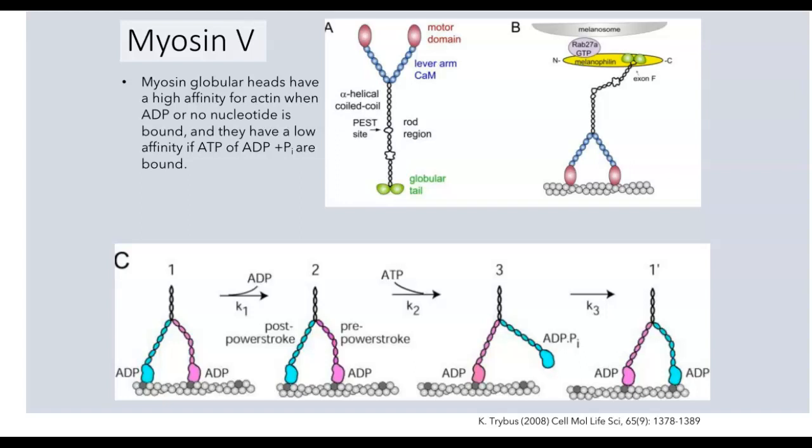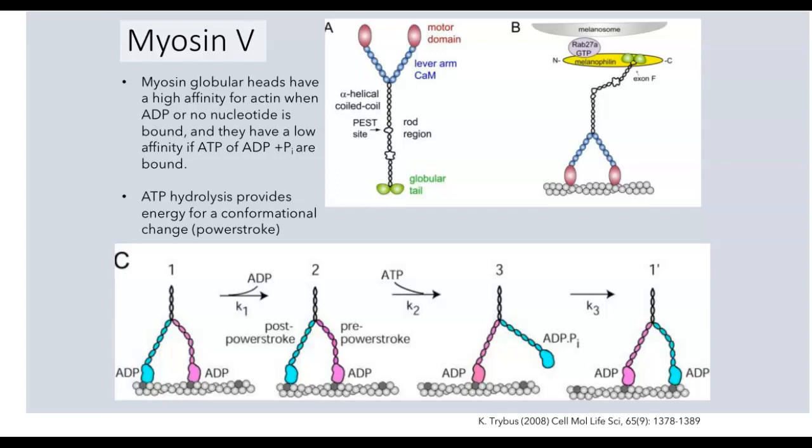So what we're looking at then in the bottom figure on the left is the two heads both have ADP bound to them, and because of that they have a high affinity and they'll be associated with the actin. When the ADP is released, the turquoise head still has a high affinity for it, but the moment that that turquoise globular head binds ATP, it will let go of the actin, and then as it hydrolyzes it, that's going to provide the energy in order to do a conformational change and swing that back leg forward, so now it's in the front.